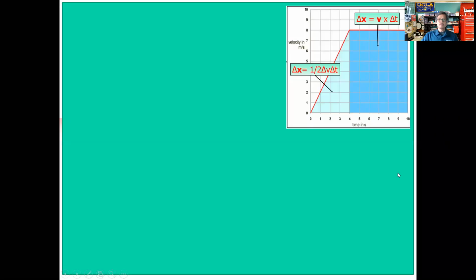All right. So we said that we want to define the total displacement. We need to find the displacement for area one and add it to the displacement for area two.